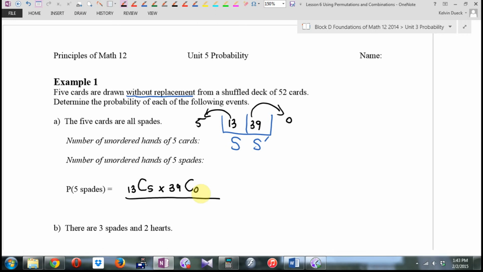How many cards are there in the deck grand total? How many are we choosing? And again, your built-in error check. You may notice that that plus that adds to that. And you may notice that plus that adds to that.